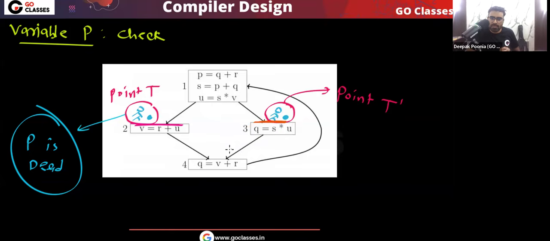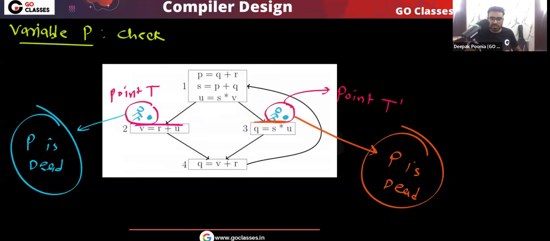There is no P. Then this is the only path. This instruction will be executed. There is no P. Then this instruction will be executed, and here you can see P is defined before it is used. So you can easily see that here also P is dead. P is dead at both these points T comma T dash.